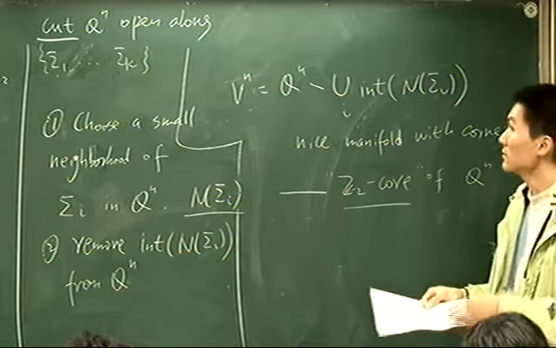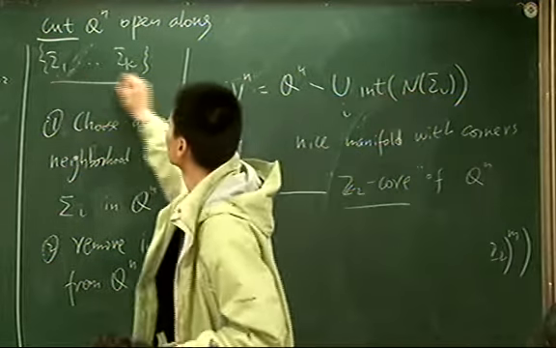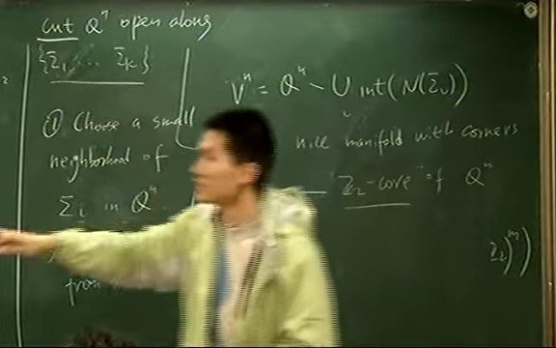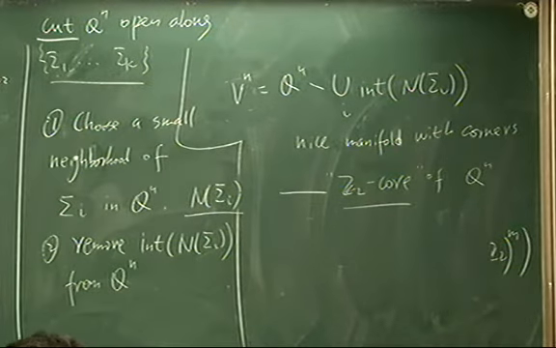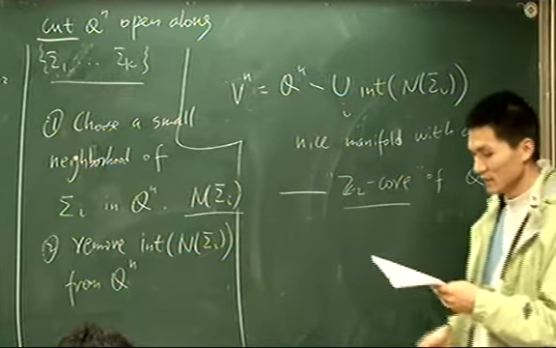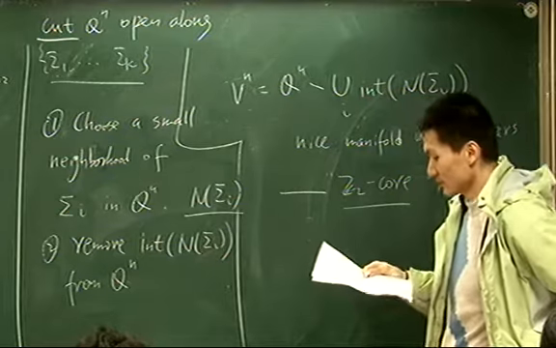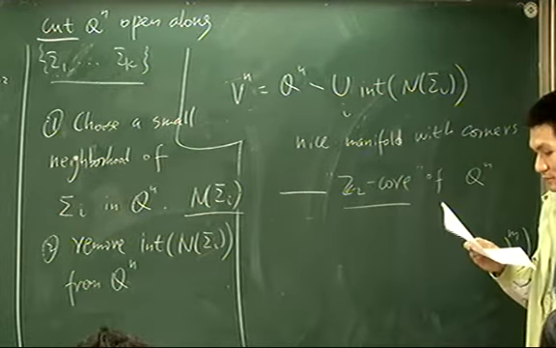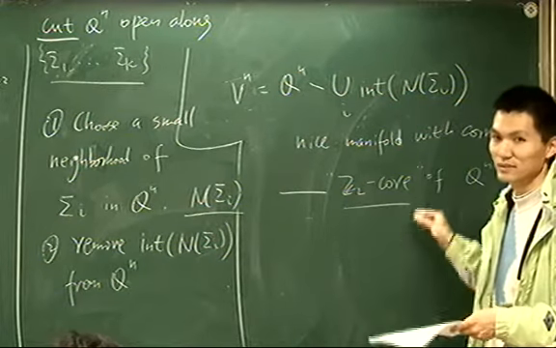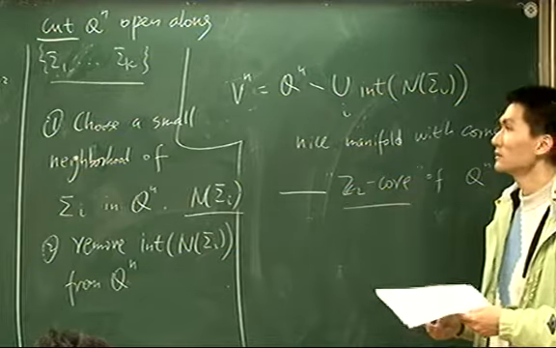From the construction, it is very easy to see that the Z2-core is not unique, because we have many choices for the basis of this group. Sometimes it could be disconnected, but I claim that there always exists at least one connected Z2-core.